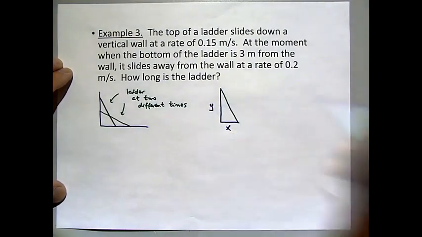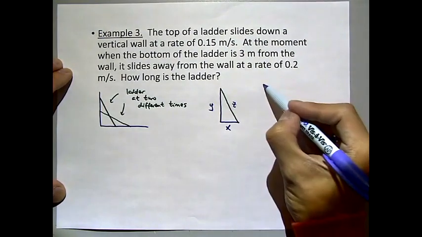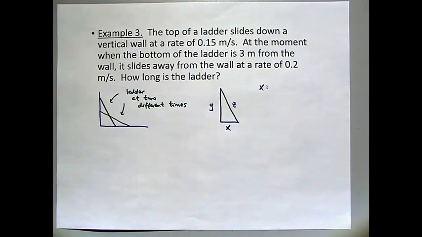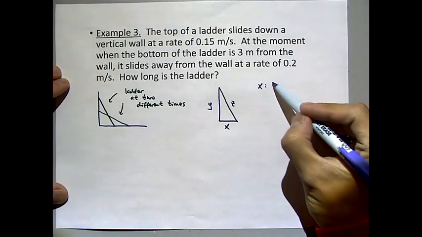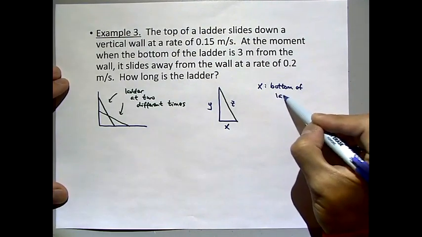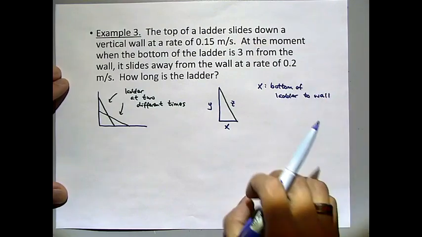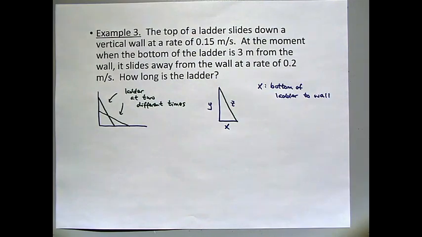I'm just going to be very, very creative and use X, Y, Z. X here is going to represent how far the bottom of the ladder is from the wall. And again, all the units here agree, meters and meters per second and all that stuff. As long as that's the case, you can ignore the units as you work out the problems.